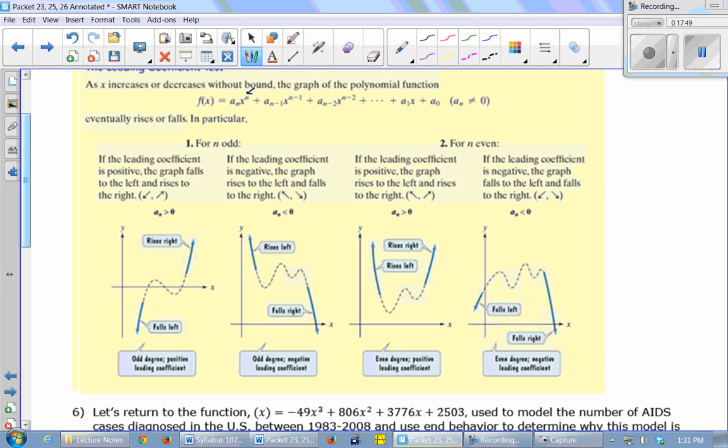And the end that's up depends on the leading coefficient, okay? If the leading coefficient is positive, the graph falls to the left and rises to the right. Leading coefficient negative, left arm up, right arm down. And then for n even, when the leading coefficient is positive, it's both arms up, negative, both arms down.